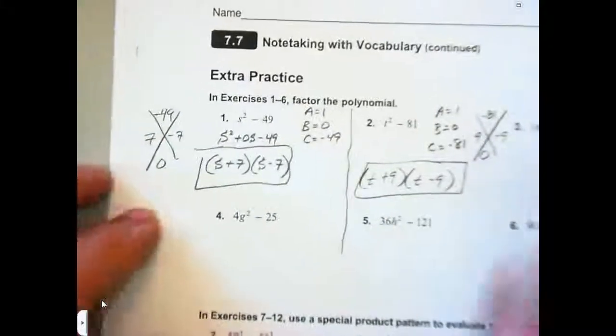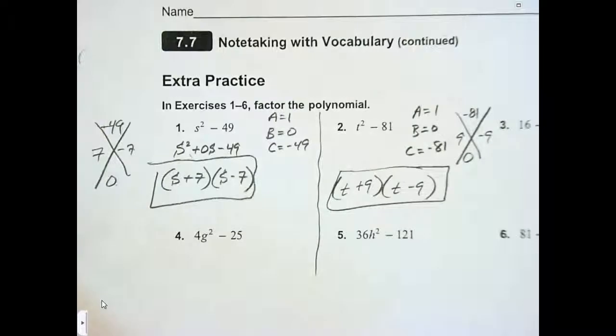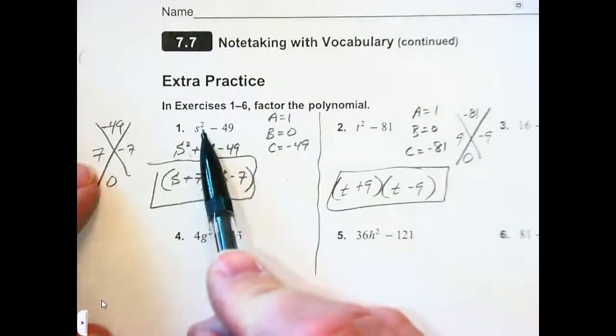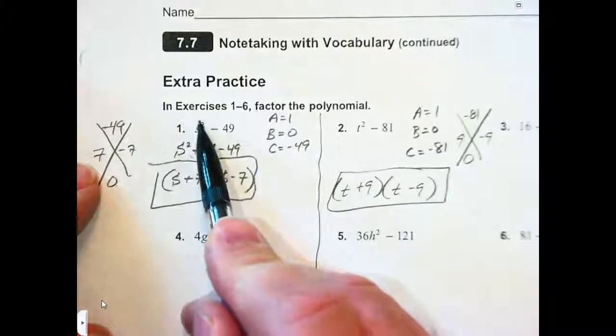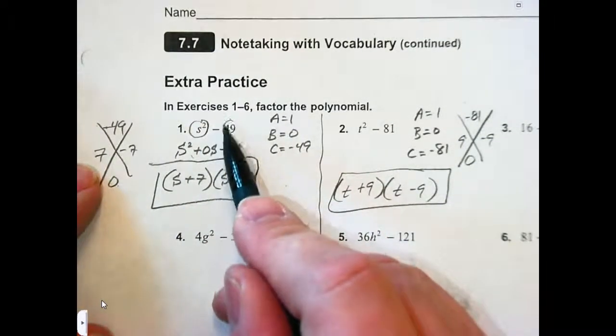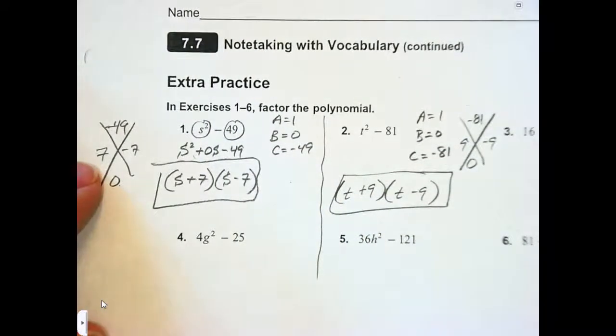Taking a look at 1 and 2, there's a pattern involved here. If you look at a quadratic, and the front is a perfect square, and the back is a perfect square, then we look for special properties.